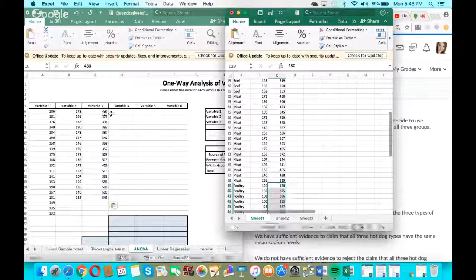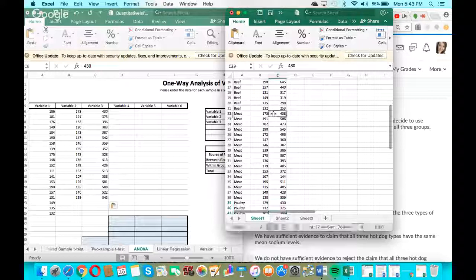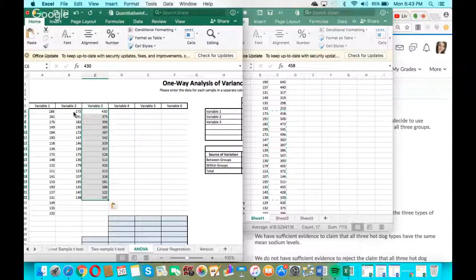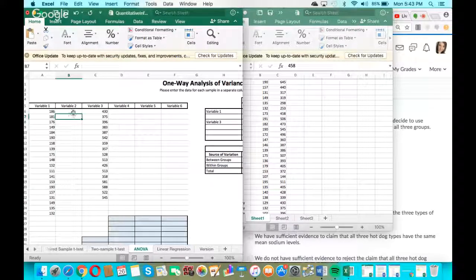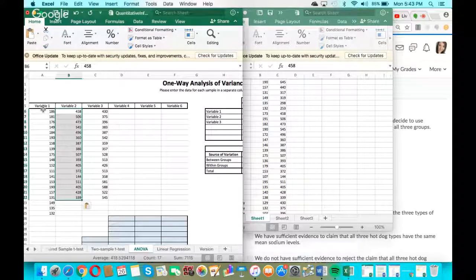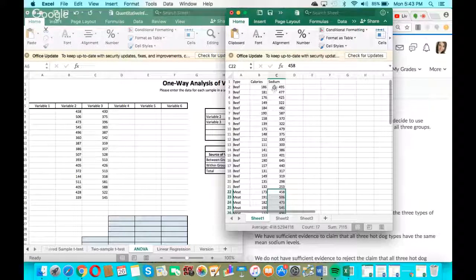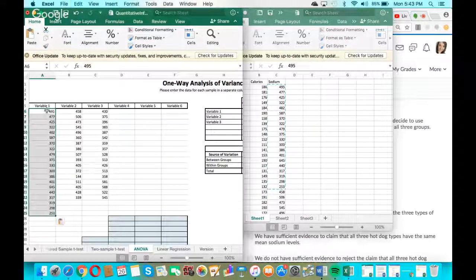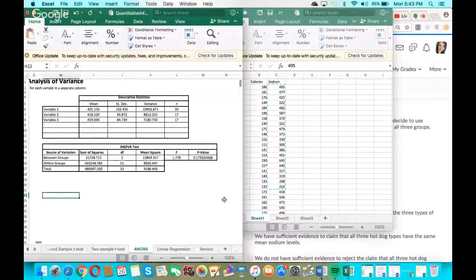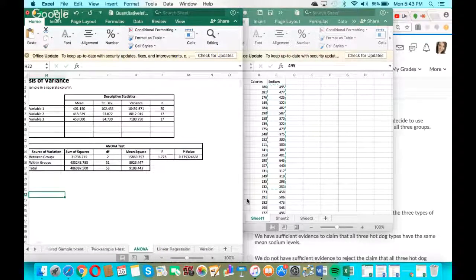Heck yeah. I am struggling. Beef copy and paste. Okay. So the p-value would be 0.179.